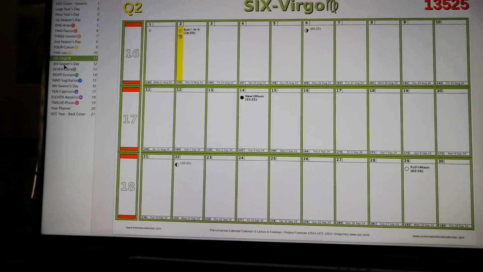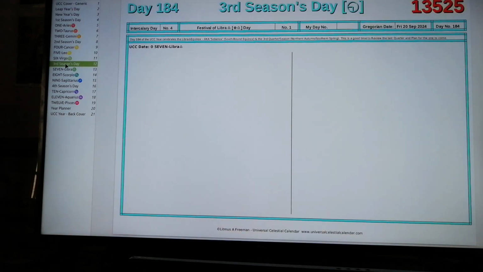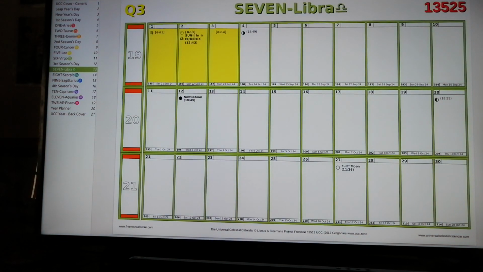Then we jump off again for third seasons day, which celebrates the Libra equinox. So this is a festival for Libra. So this is the naught of Libra. So Gregorian, that's 20th of September. It's pretty close to the actual equinox. You can see here in Libra, there's the actual equinox marked.